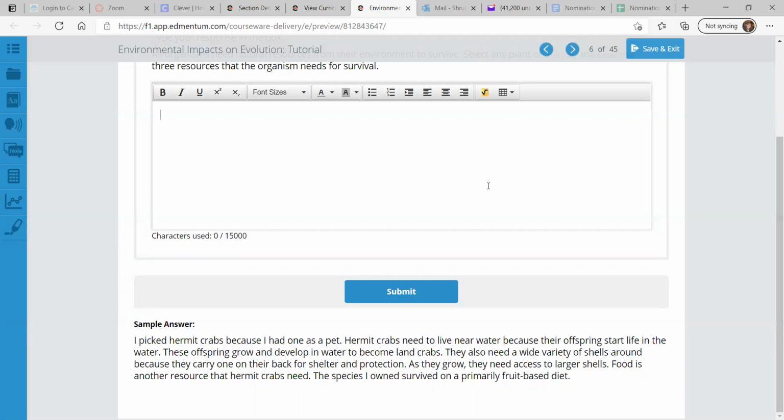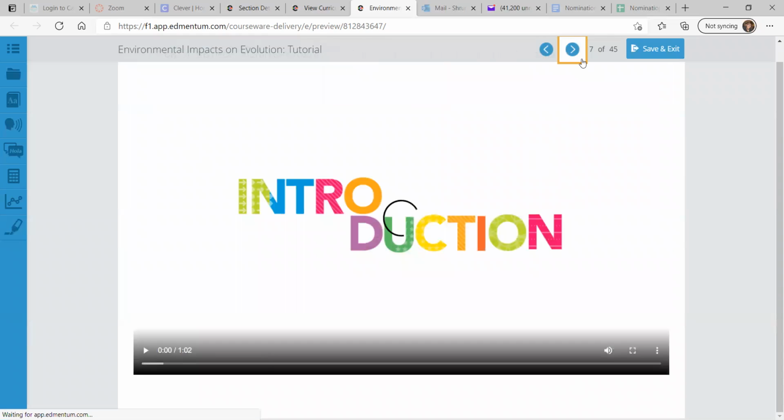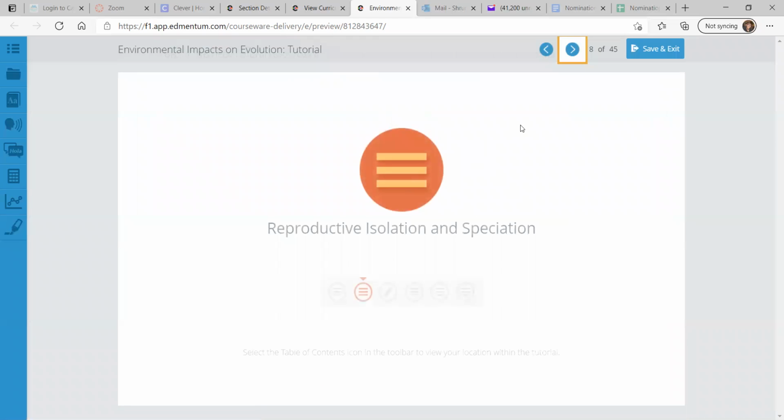As they grow, they need access to larger shells. Food is another resource that hermit crabs need, and the species owned by the writer of this sample answer survived on a primarily fruit-based diet. Interesting. So that's the intro page.